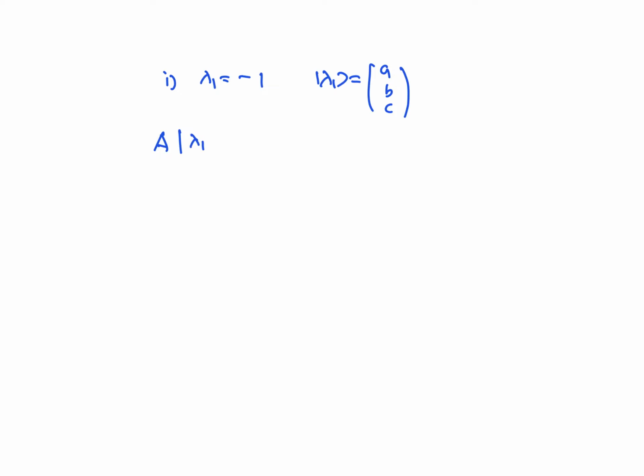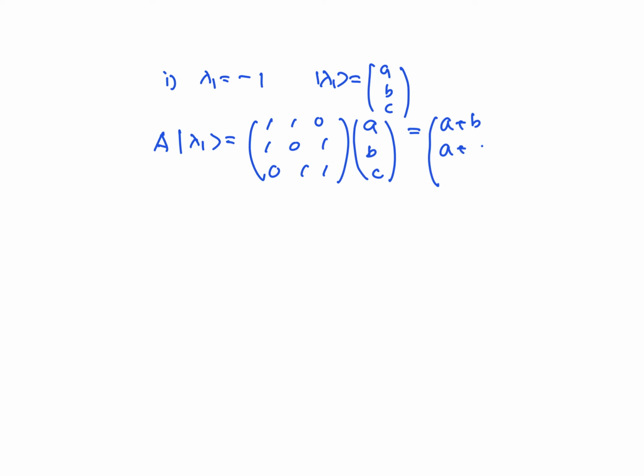Lambda 1, 1, 1, 0, 1, 0, 1, 0, 1, 1. Let's go back to A, B, C. A plus B, A plus C, B plus C equal to minus A, B, C, right?